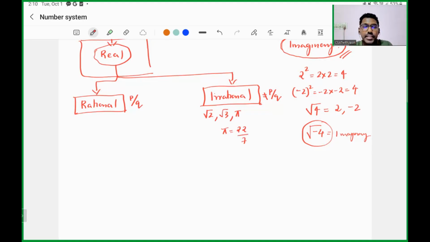Then why is pi an irrational number? I told you that irrational numbers we cannot write in p by q form. So can anyone answer that? Why is pi an irrational number? You are taking pi as 22 by 7, right? Can anyone tell why it is like that?